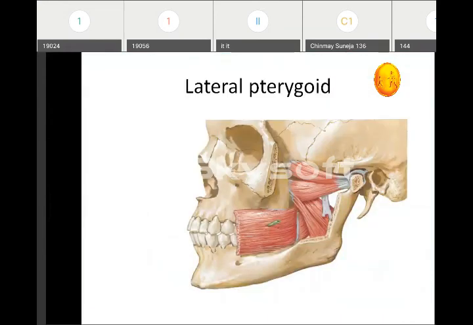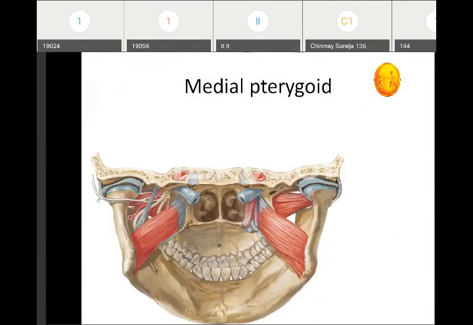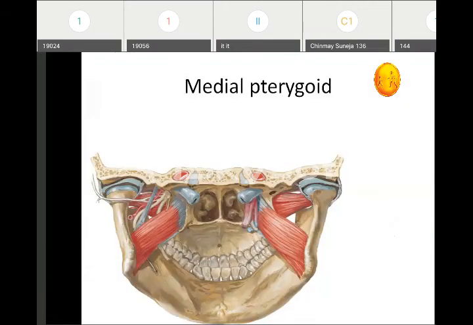There are four muscles of mastication: temporalis, masseter, medial pterygoid, and lateral pterygoid. Temporalis taking origin from temporal fossa, getting inserted over the coronoid process and anterior border of the ramus. Masseter muscle, three heads, all related with zygomatic arch, getting inserted over the lateral surface of the ramus of the mandible.